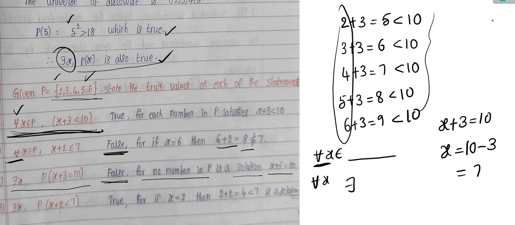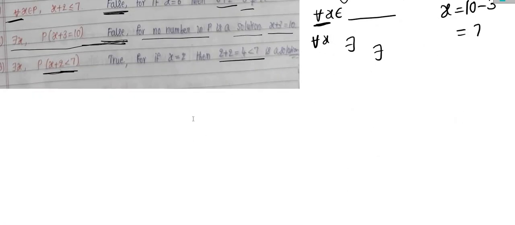If there exists is there and the statement is false at every point, then it is false only. If there exists is there and we find the statement is true at a single point, then it is true only. So, the second video is completed.